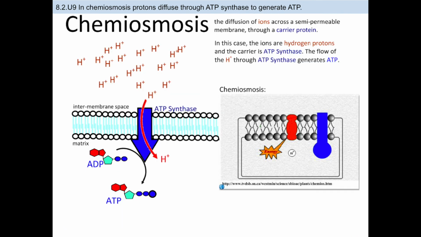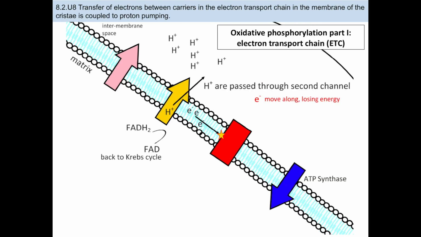Okay, so let me clarify two processes here. I hope you understand at this point. Why do you call this the electron transport chain? What is a chain? Connected, right? A series of connected things. What is my chain here? These proteins, so those are protein chains. Why do you call it electron transport? Because electrons move, actually jump, from one protein to the next protein to the next in the chain.